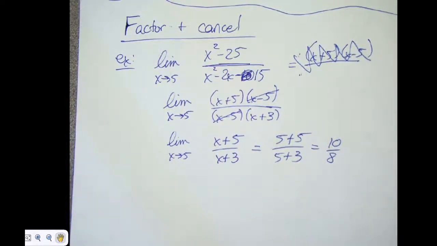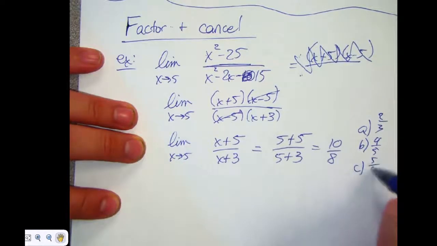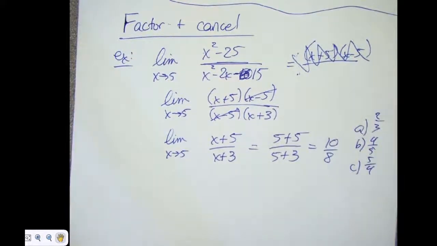You know? So your answers would be like 2/3. Fourths. And for a second, you might be like, wait, my answer's not there, but if you reduce, you can get there. Good?